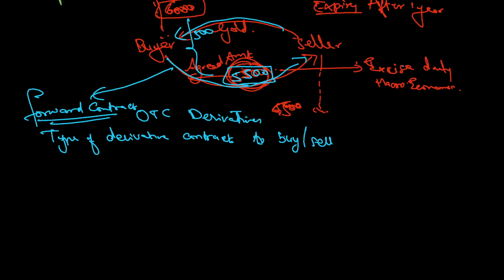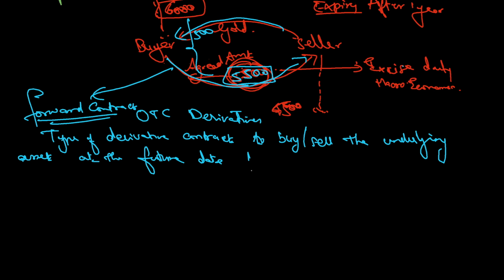It's a type of derivative contract to buy or sell the underlying asset at a future date, for the price agreed today. So today they are agreeing for 5,500. However, it will be executed at the future date. Okay. So this is a forward contract.